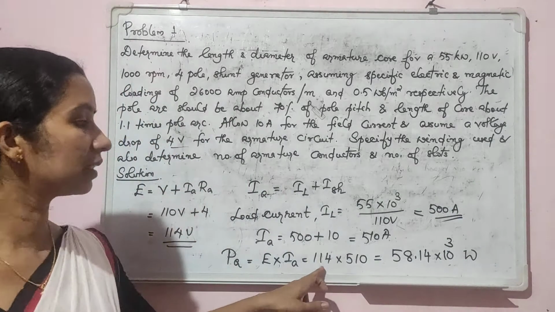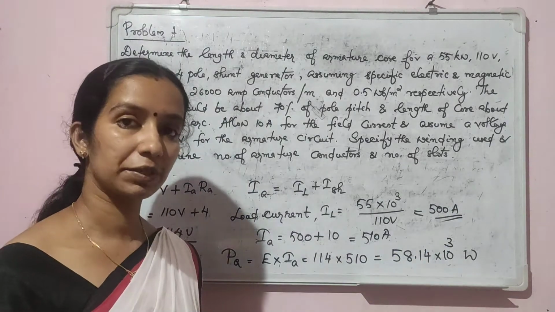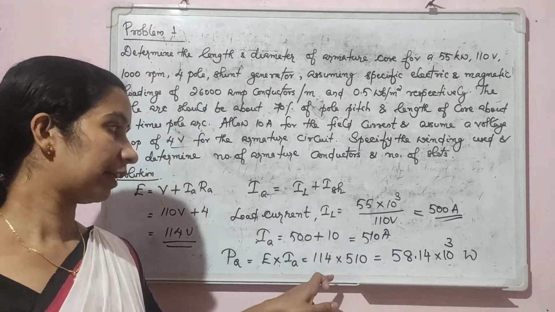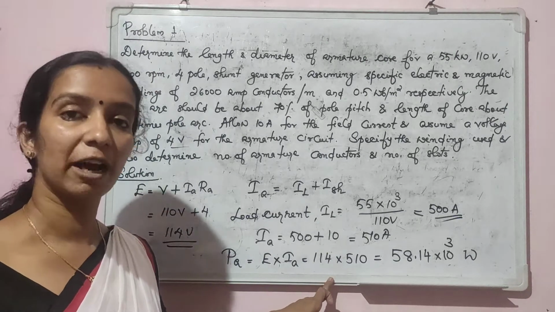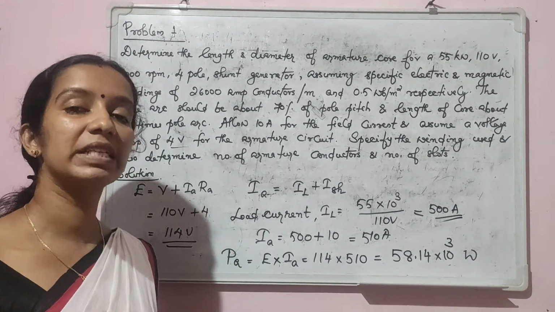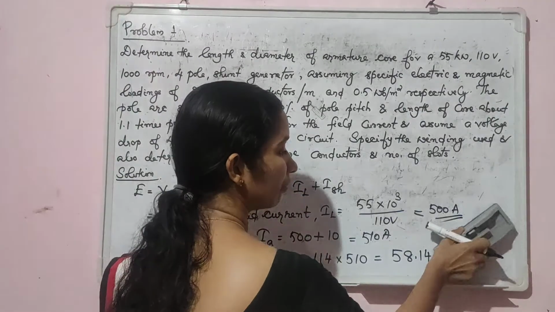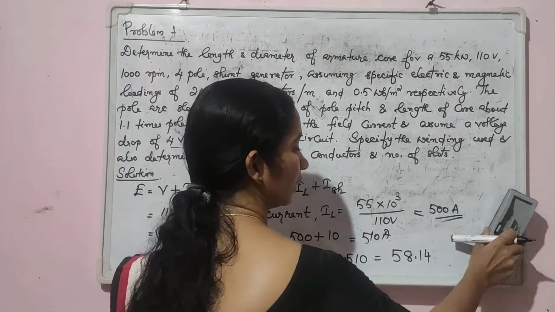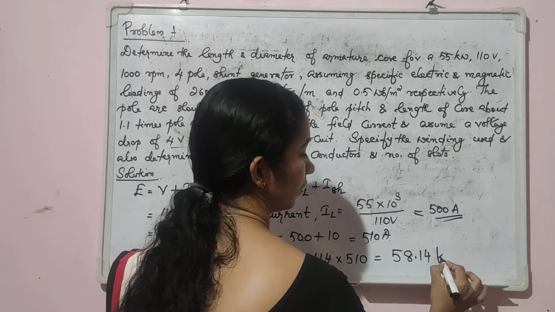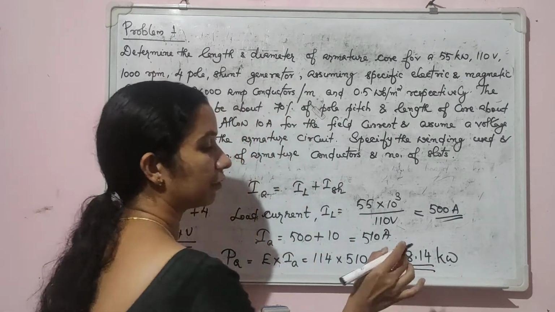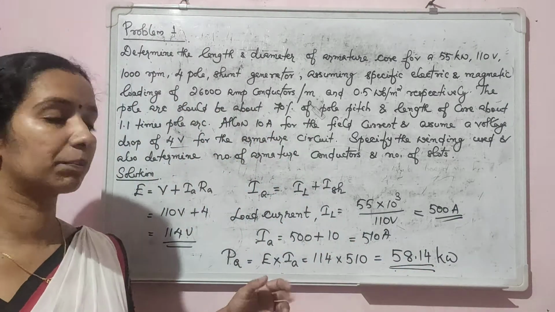But in our output equation, we have to represent the armature power in kilowatt. So this will be 58.14 kilowatt. So we have calculated the armature power.